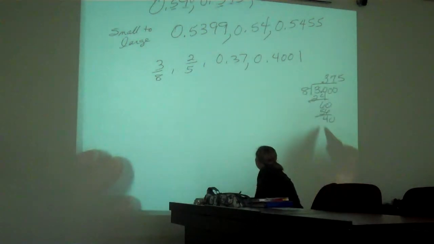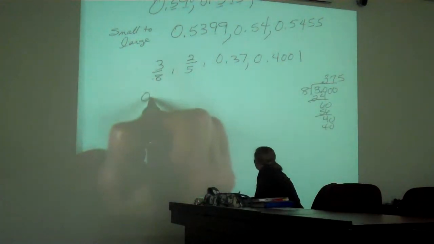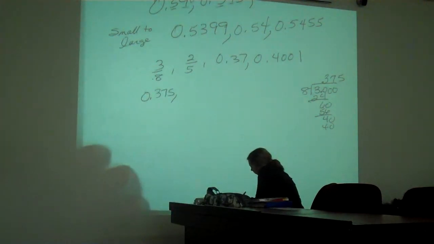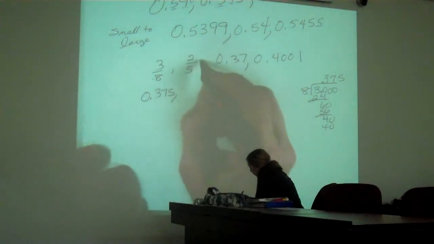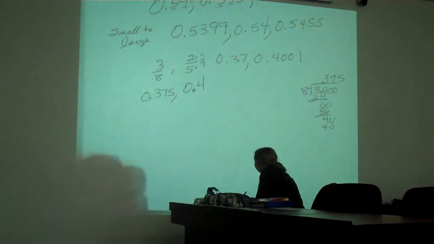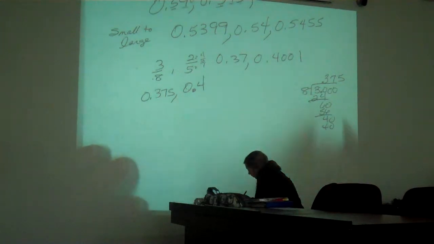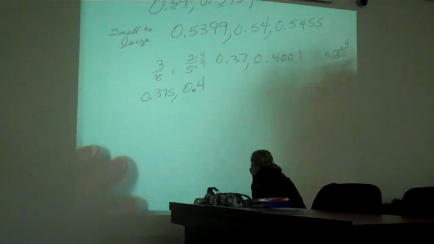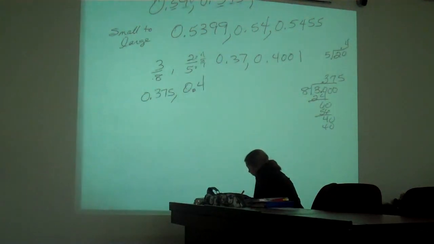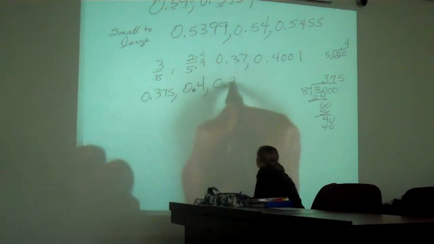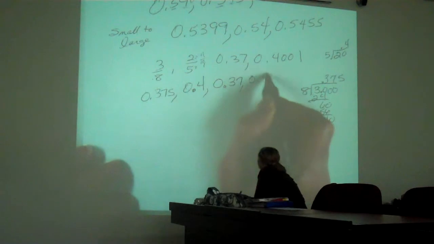And 5. So this one is 0.375. 2/5. We could divide it, or we could say, how many tenths would that be? 4 tenths is 0.4, isn't it? So you could either do 2 divided by 5 and get the 4, or you could say it's 4 tenths. Whichever way is easier for you, whichever way is easier to understand.